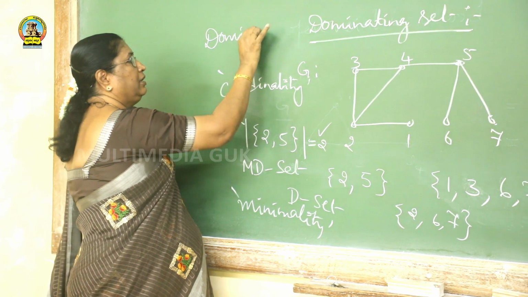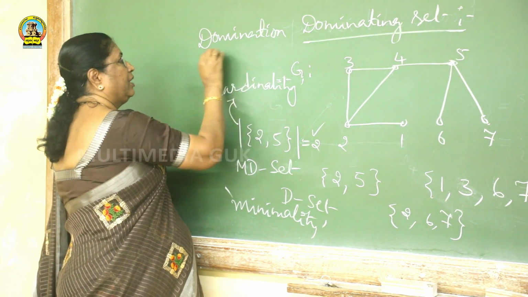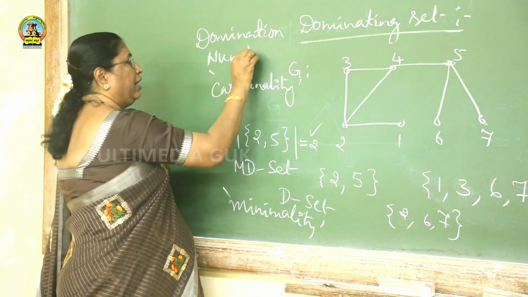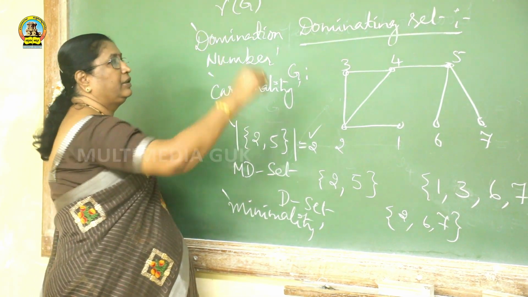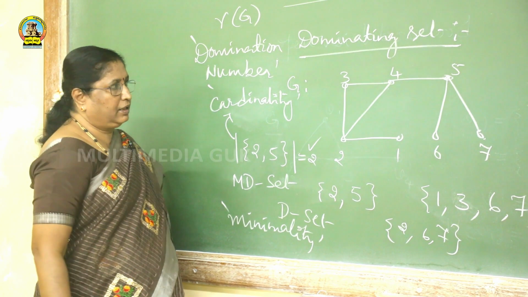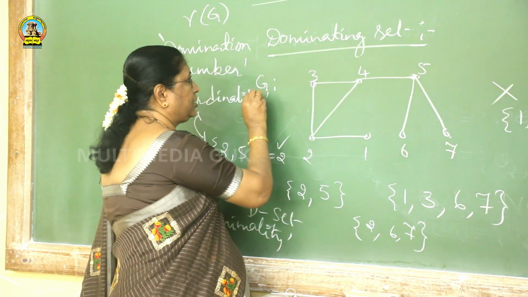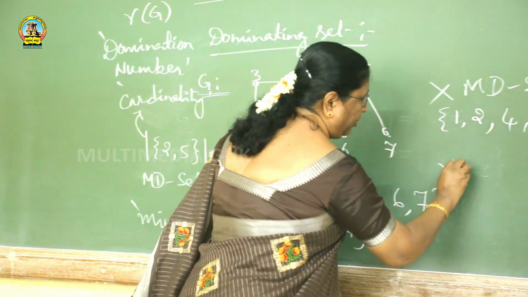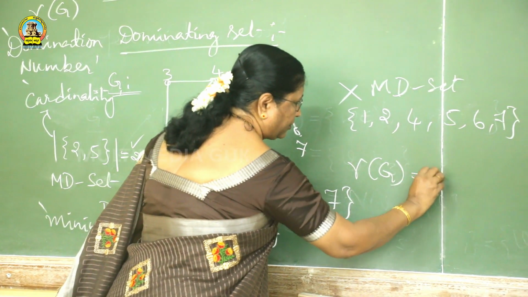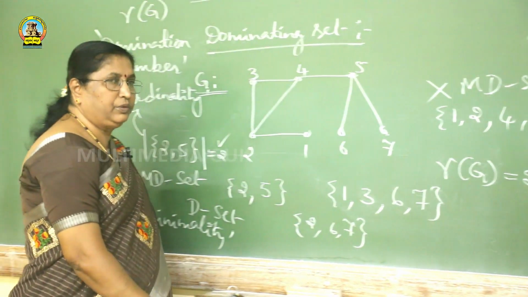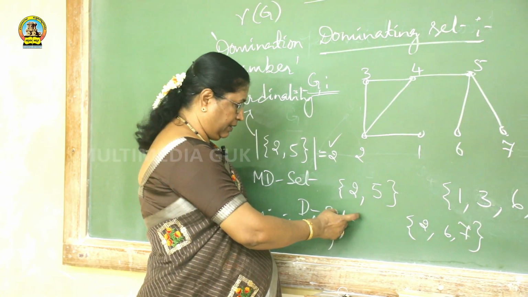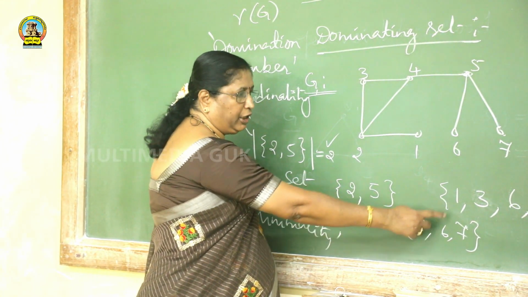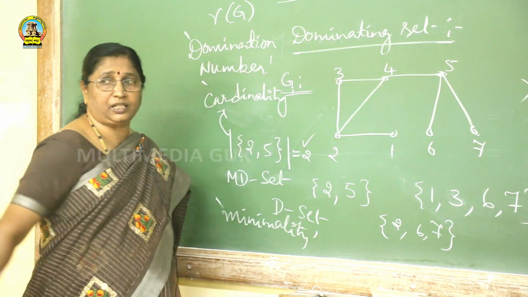That is called the domination number and is denoted by small gamma of G. Now, gamma of the given graph G is equal to 2.